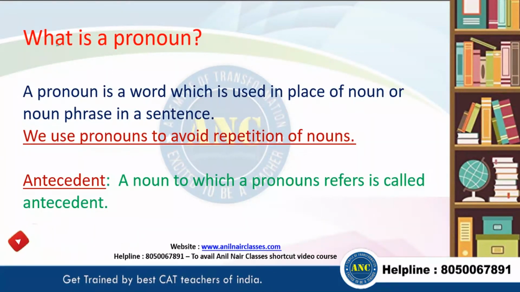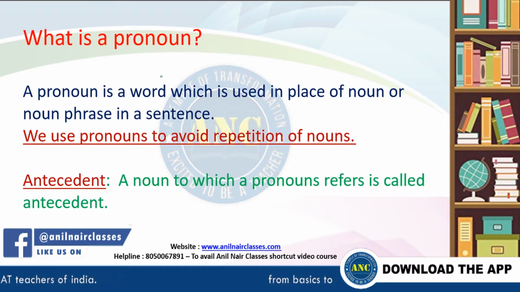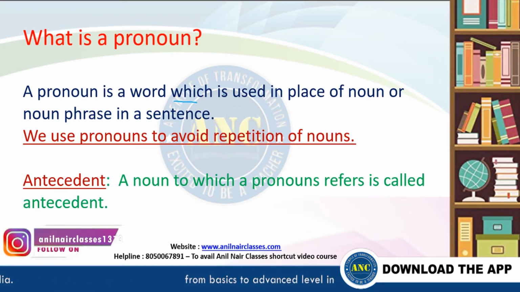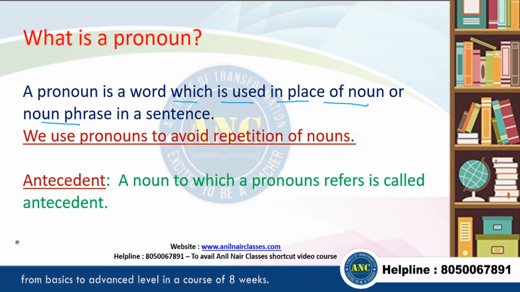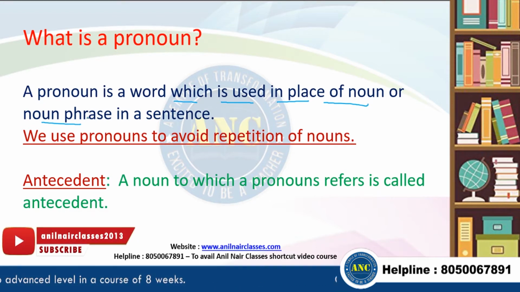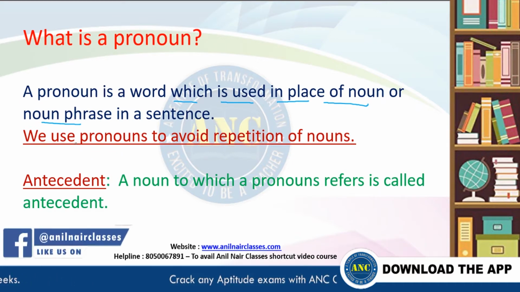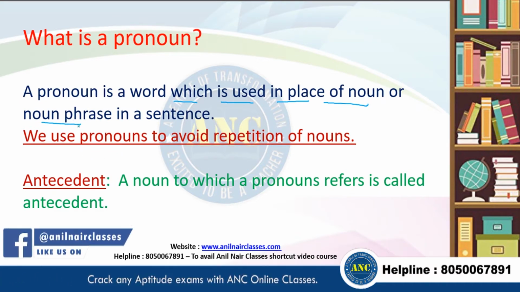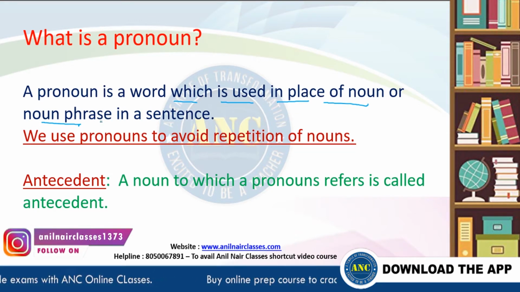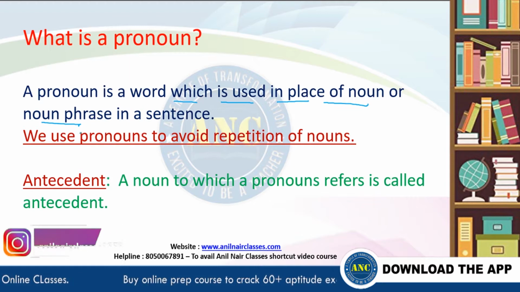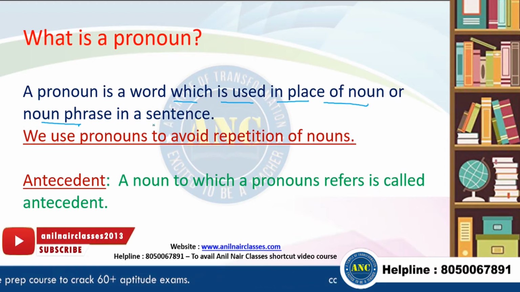So what is a pronoun? A pronoun is a word which is used instead of a noun, right? It's a word which is used in place of a noun or a noun phrase. It's not just the noun it replaces, it could replace a noun phrase. A noun phrase is a group of words which is describing a noun. So instead of that noun phrase also, if we use another word, that is called a pronoun.